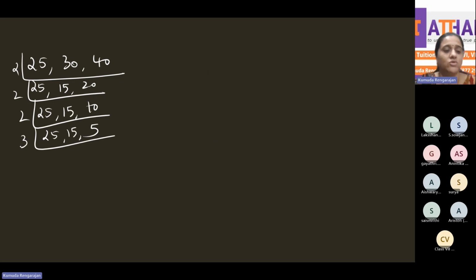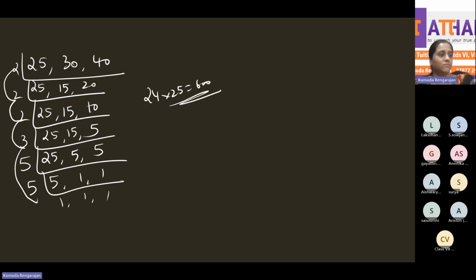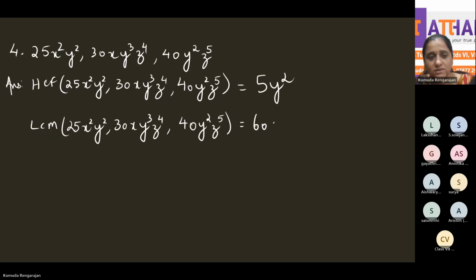So I'm using 3, 3, 25, 5, 5, 5, 5, 1, 1, 5, 1, 1, 1. Now the product: 2 2s are 4, 4 2s are 8, 8 3s are 24, 24 into 25 is 600. 600 is the LCM.